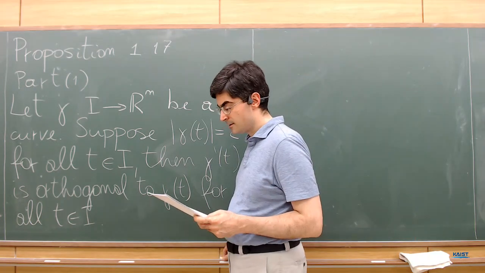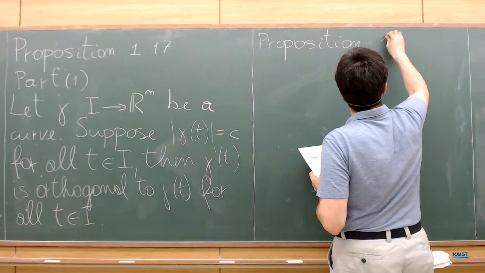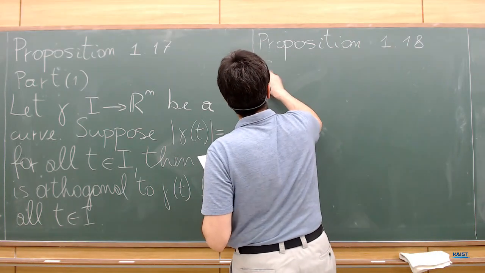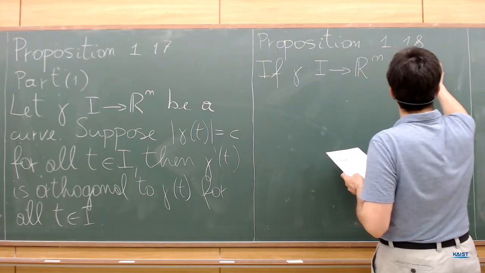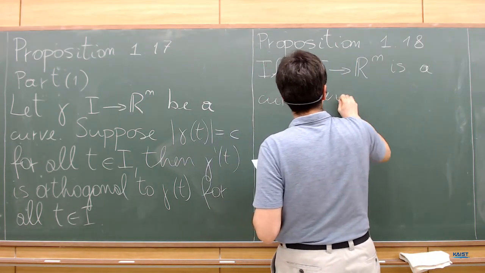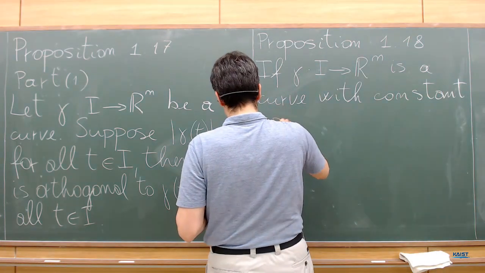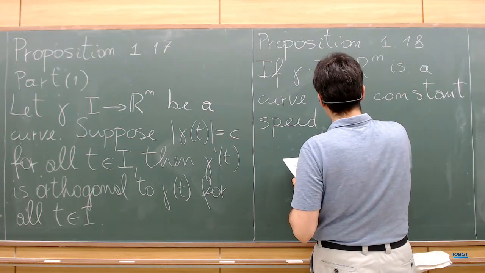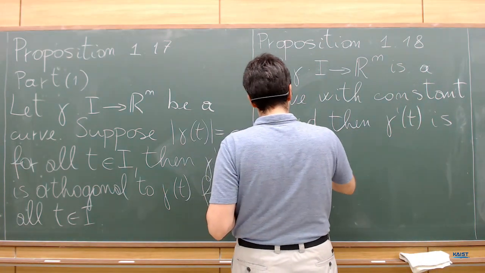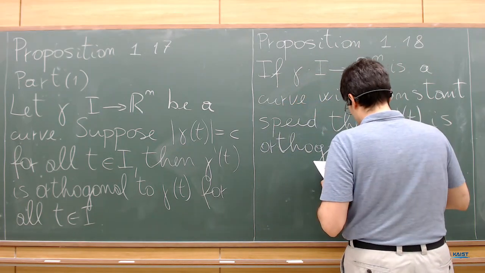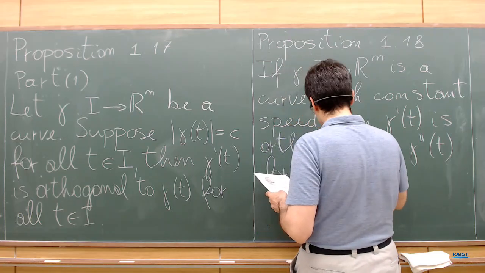The first result I want to present is Proposition 1.18, which says that if gamma defined on the interval I with values in Rn is a curve with constant speed, then gamma prime of t is orthogonal to gamma second of t for all t in I.